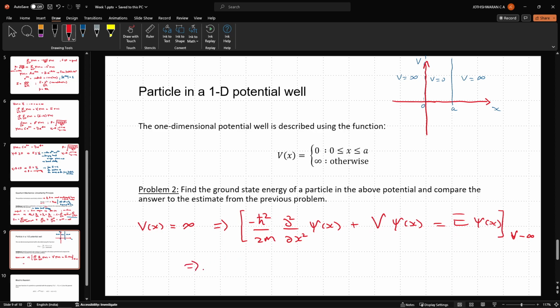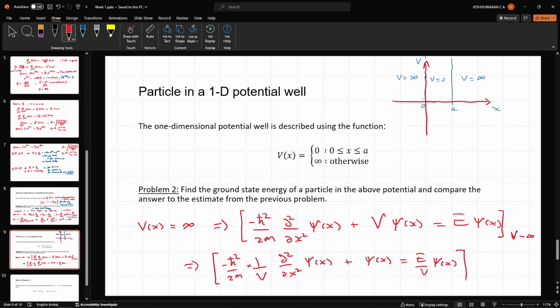So this implies minus h bar squared upon 2m into 1 over V d squared psi of x upon dx squared plus psi of x equal to E upon V psi of x.